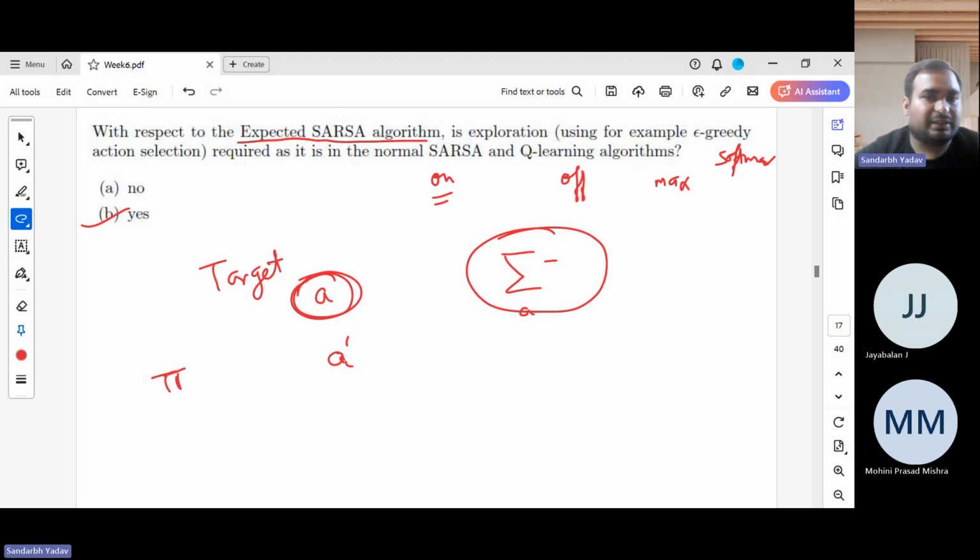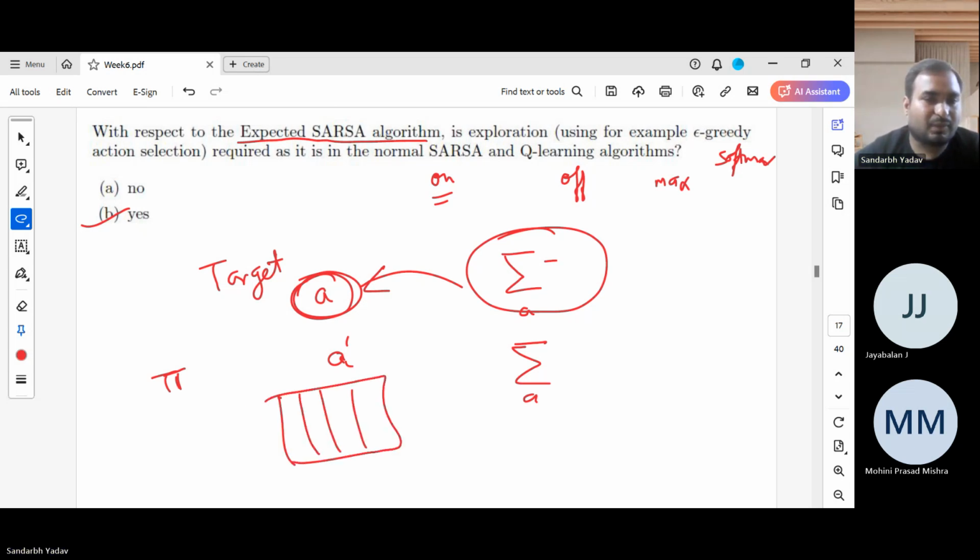Even in expected SARSA, although it might appear that the target includes the sigma, that term is used to update the Q value corresponding to one particular action. The Q value corresponding to some other action will also use this sigma over all actions, but it might not get updated. Suppose our table has states and actions.